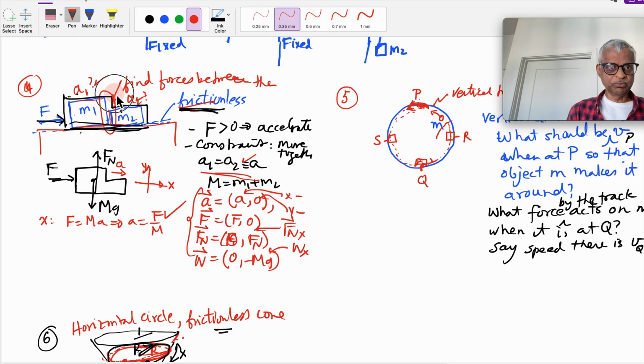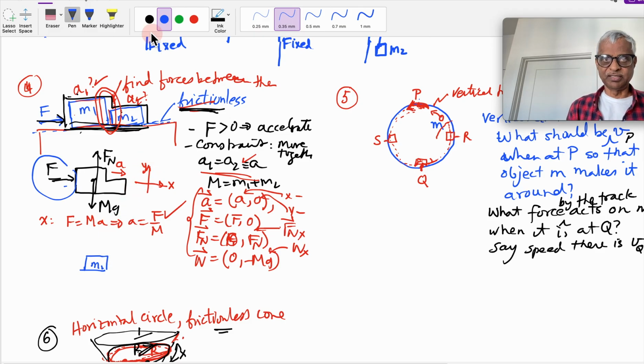The other question was to find the force between them. But now I have to look at them separately. It doesn't matter which one you look at. Let's look at M2. The problem is F is not acting on M2. This is a common mistake from the students, I find. The only horizontal force on M2 is by M1.